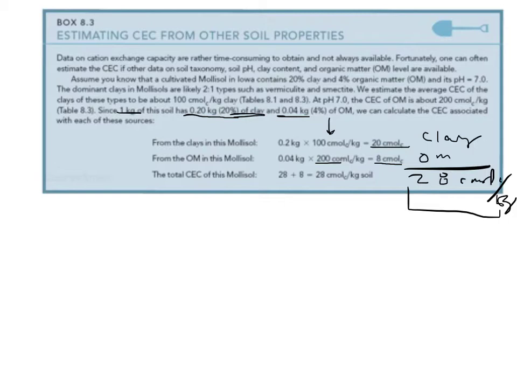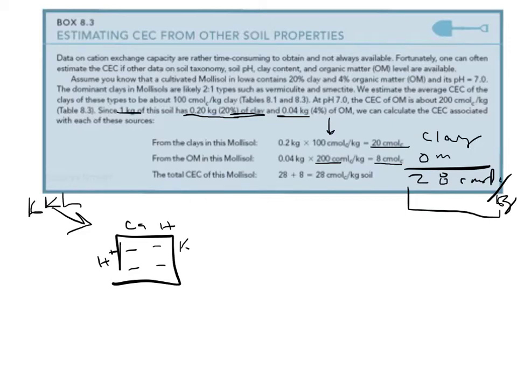Now, I mentioned that we have another way of determining CEC from soils, and that is, if we have a soil, for instance, with negative charges on it, and we have all sorts of things on the exchange sites, we can basically flood this system with a bunch of, let's just say potassium.